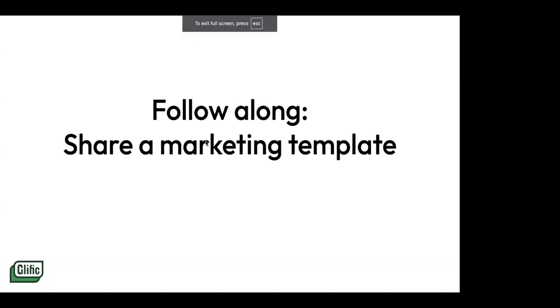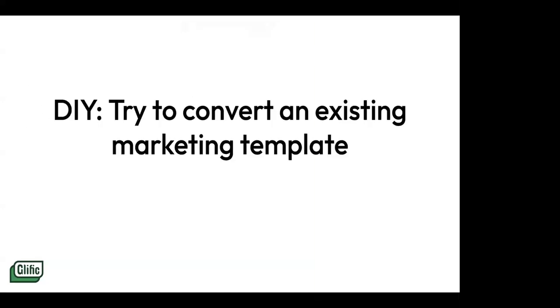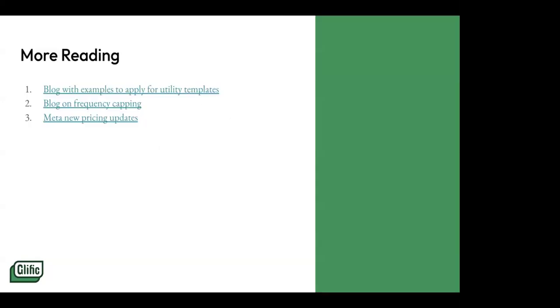That also helps you reduce your time for applying new variables. So we have done this. I think you can try converting an existing marketing template. You can reach out to support over Discord if you're struggling very heavily. But those three tips are the basic things that you should keep in mind.